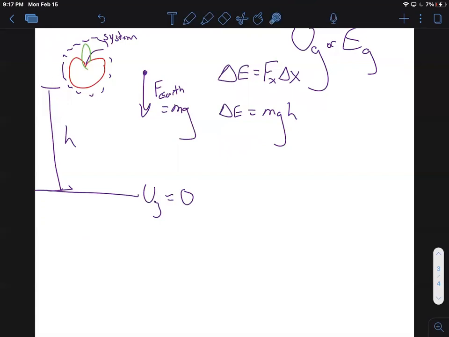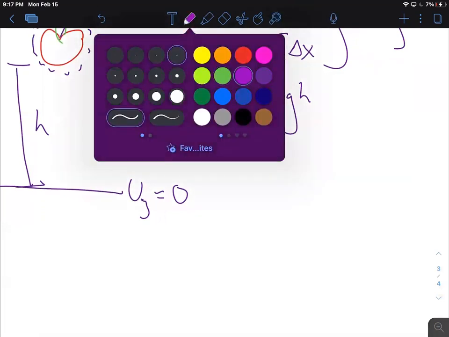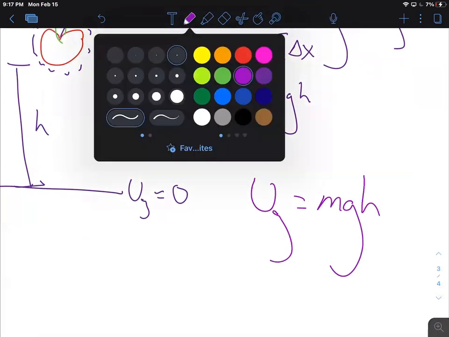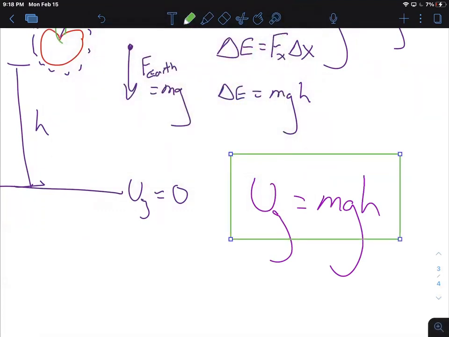We know that this mgh is going to turn into kinetic. So it has this potential, turns into kinetic. mgh, that's how much potential it had. So here is our formula for gravitational potential energy.